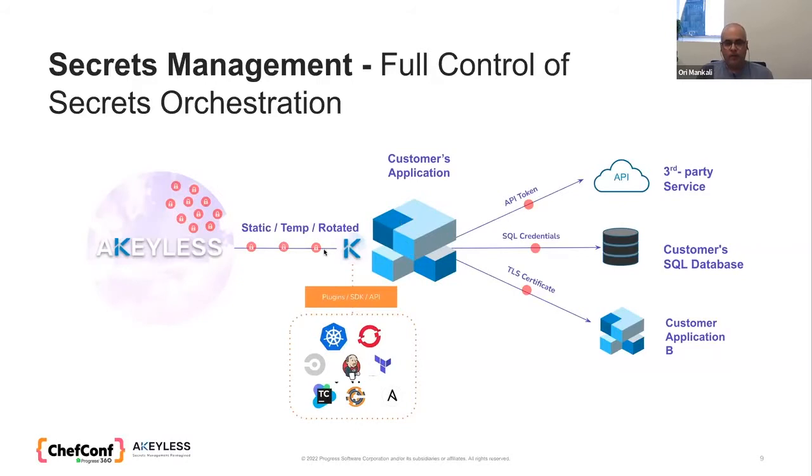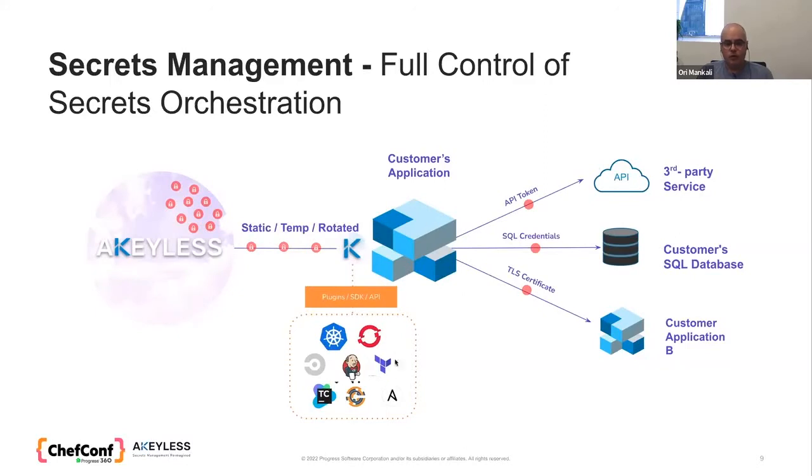And then this value over here is being decrypted at the application level, and then can be used to perform the interaction with the third-party service, the database, or the other application. Important to stress that this value is not stored locally, not on the file system, not in an environment variable, but only at the application level.